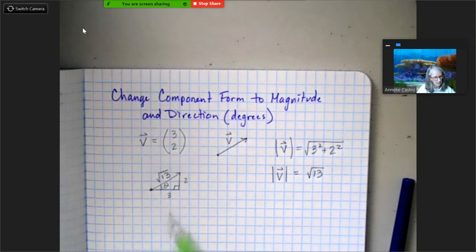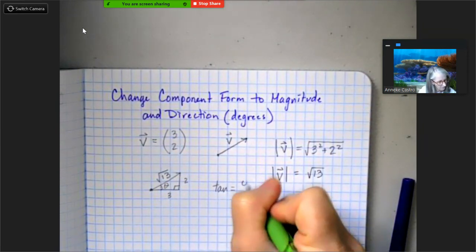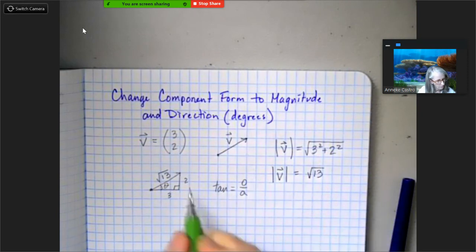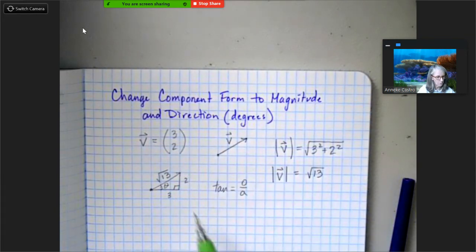But notice if I use sine or cosine, then I'm going to have to use the hypotenuse, the magnitude, and I could do that. But if I just use tangent, that is equal to opposite over adjacent, right? So that's just going to be 2 over 3. So I got myself some nice numbers. From my components, I can just use those component numbers rather than having to mess around with the hypotenuse.